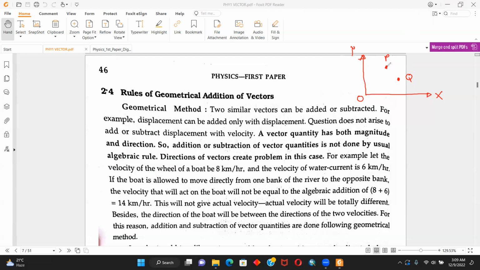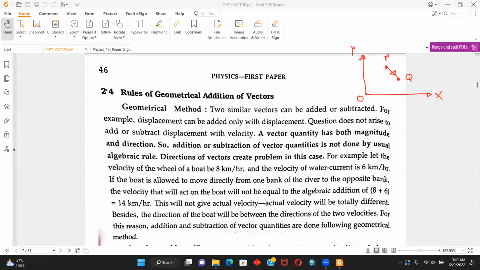Now obviously you don't know about the PQ vector, say the distance between these two points, nor do you know the direction, sorry, the direction is given, say from P to Q. But you know the distance of point P from O, and you know the distance of point Q from O, right?